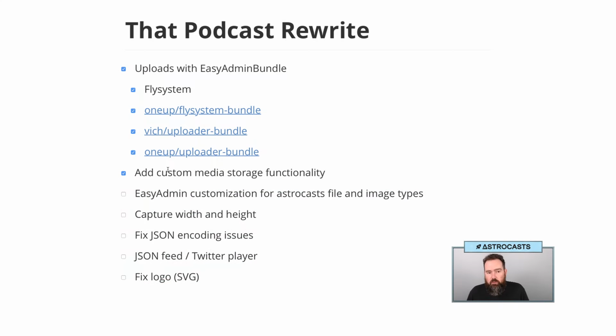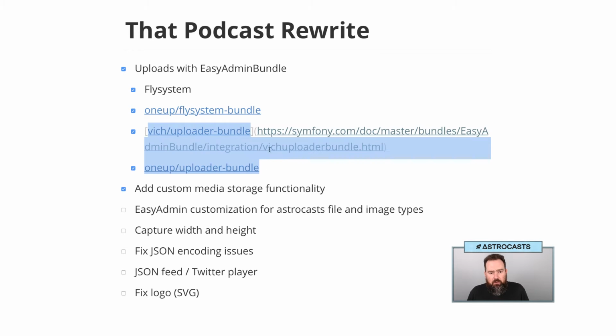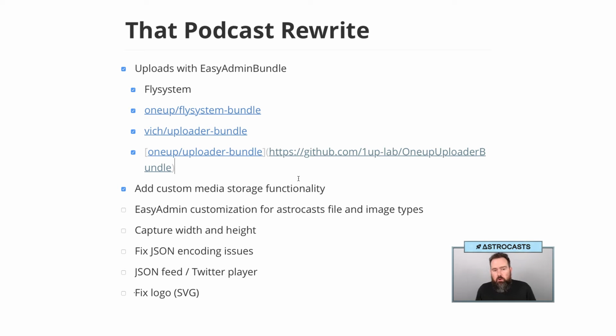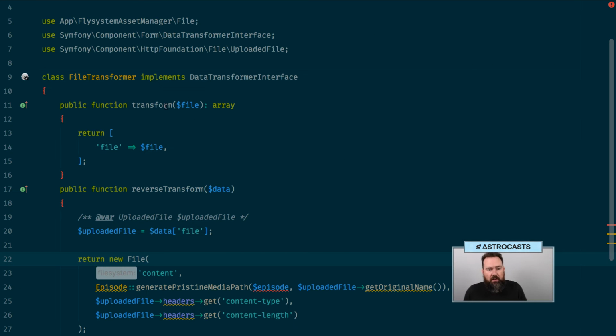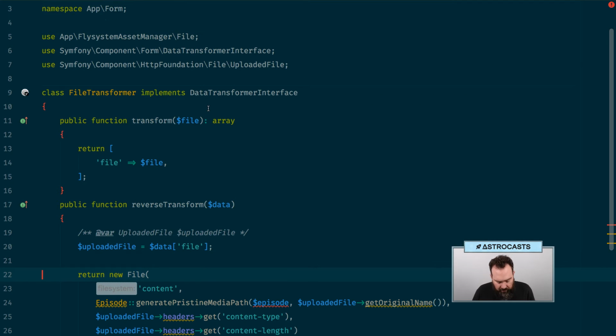The first thing that we tried to do was to play with two different upload bundles. These uploader bundles seem to work pretty well if you're working exactly the way they expect you to, but neither of them seemed to work very well when I was dealing with doing these imports.